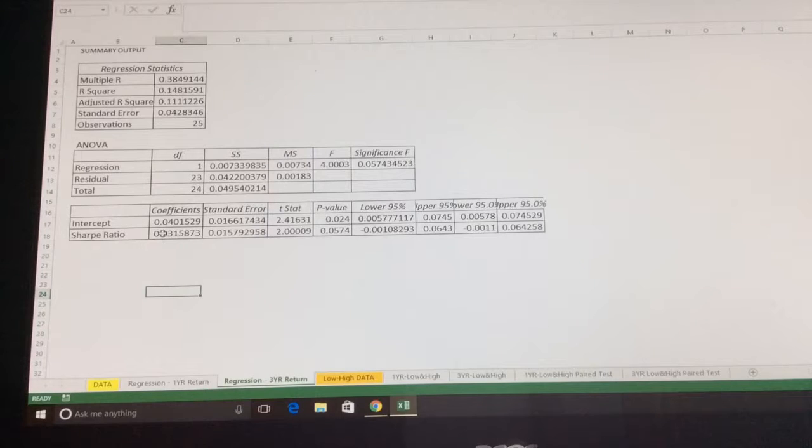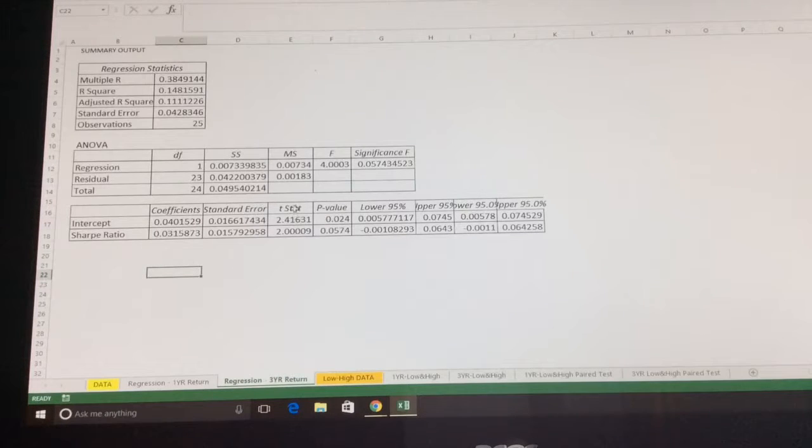So again, we see under the coefficient, Sharpe ratio, a positive number, so that's what we were expecting. The higher the Sharpe ratio, the higher the returns. That's what we're arguing. We got a positive number there.